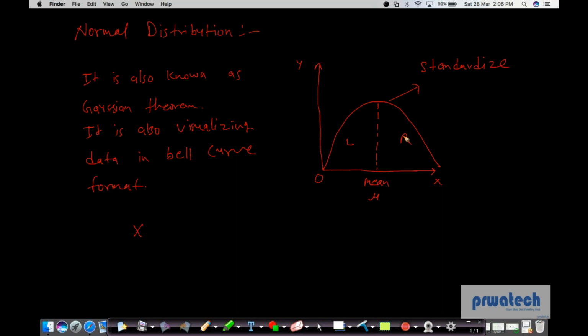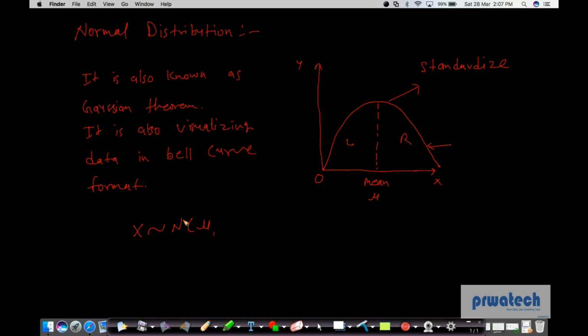So this is my data. Whatever curve you're seeing in this format is my data, continuous data, and this distribution is normally distributed. Whenever you see N, it is the normal distribution sign. And what is the mean of this normal distribution?